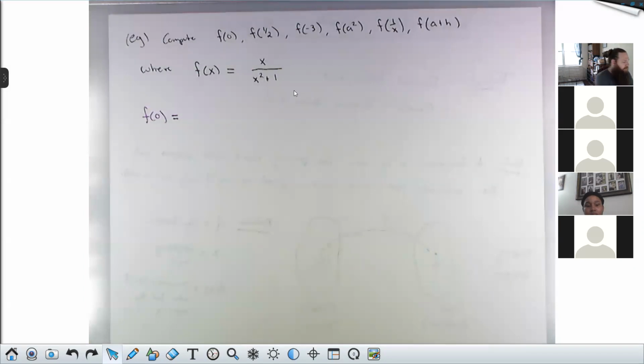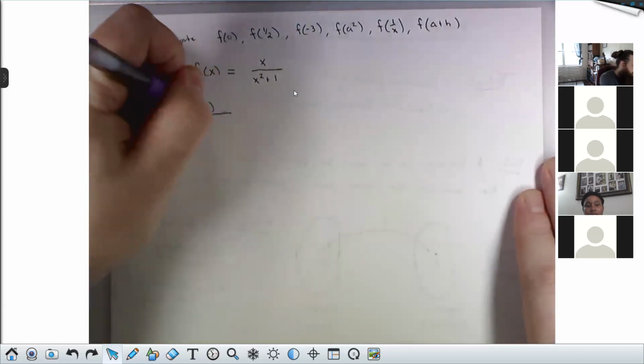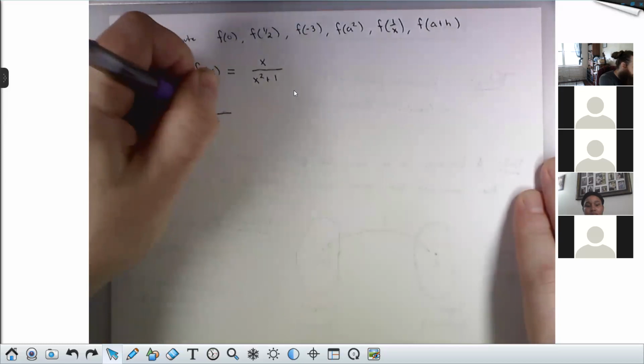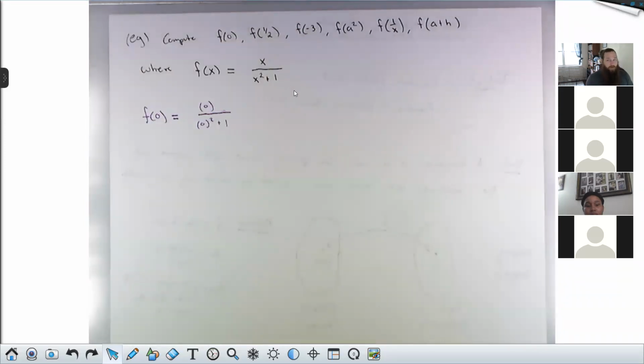I'll show you what I mean. So f of 0 would be parentheses 0 divided by parentheses 0 squared plus 1. And I know what you're thinking, these parens might be a little bit redundant. Right? Do I really need to write them? The answer is, well, for plugging in 0, no, I guess you don't. But when it comes to more complicated stuff like this, you really do. So get in the habit.